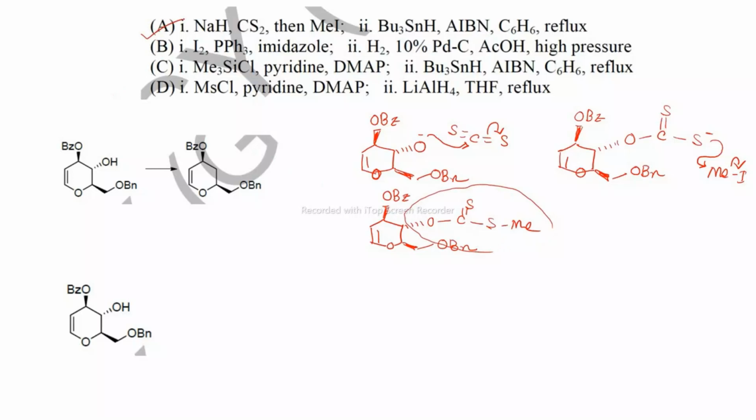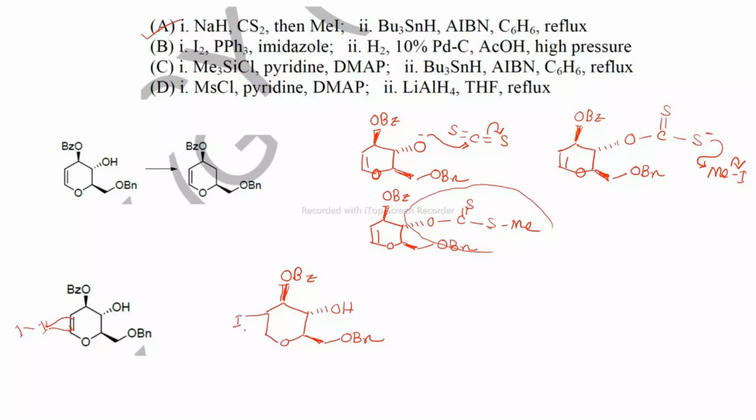Now come to why options B, C, D are not correct. Because this iodine is there, right? Iodine, PPh3. In the presence of iodine, this double bond is basically iodinated. So we basically get a cyclic iodonium cation. Let's say it can be attacked from many sides.